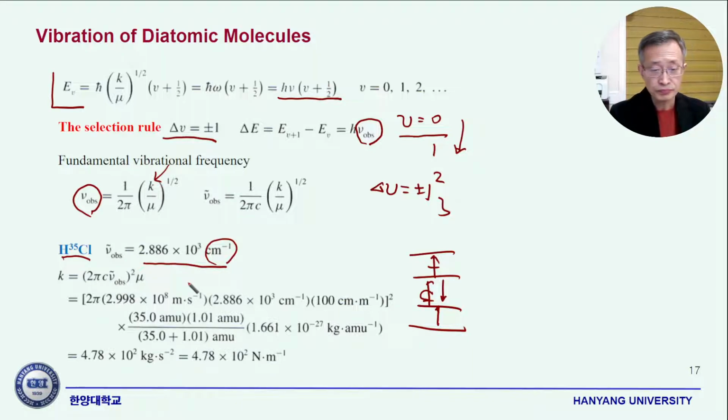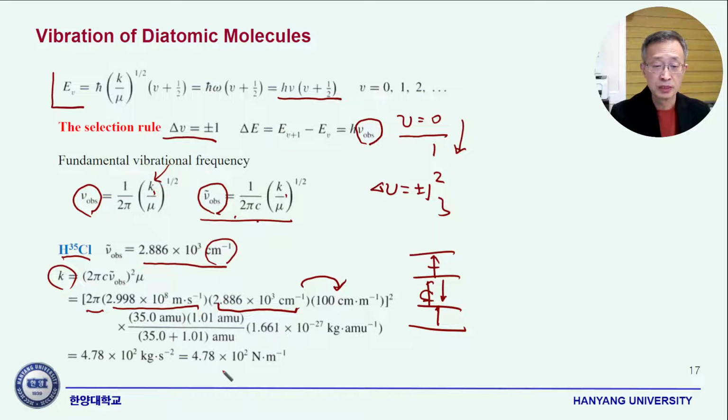The force constant K is obtained as the observed wave number times 2πc, squared, times μ. Here 2π times the velocity of light times the observed wave number, where we convert the wave number to meters, and the reduced mass from AMU to kilograms.